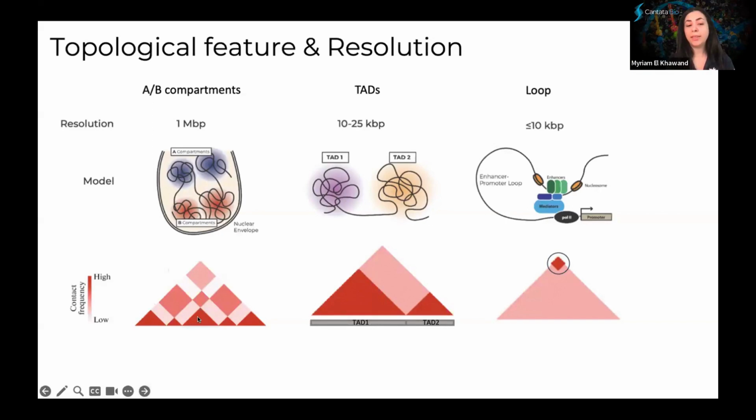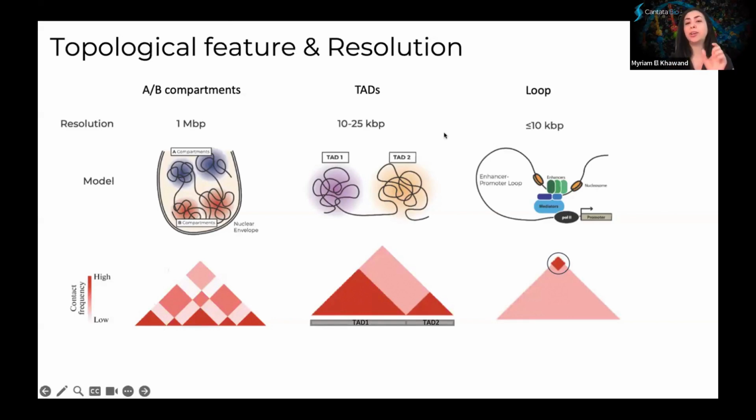But this domain and this domain interact more with each other, meaning that these two belong to different compartments and these two belong to the same compartment. So you're going to be able, with the Hi-C data, to look at how your genome or your chromosome is organized in these A and B compartments.